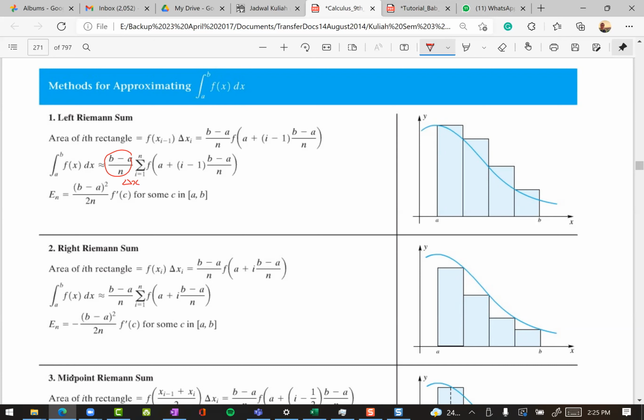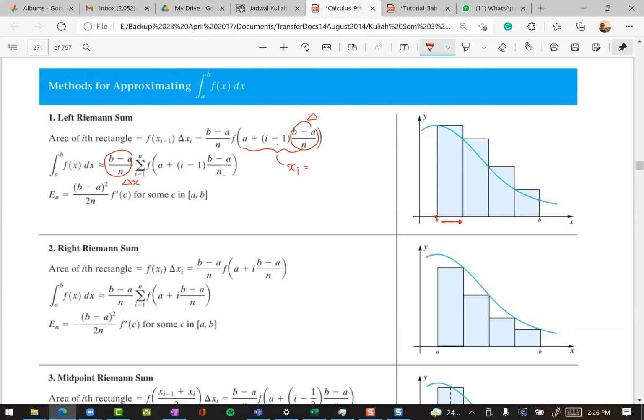So this is the left one. This is x_i, a plus whatever there, a times this i minus 1 times delta.